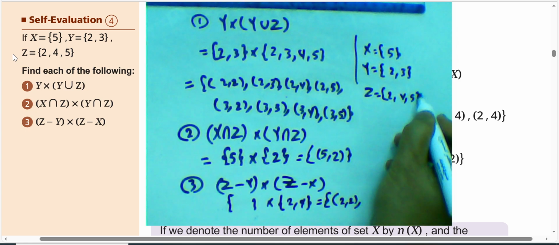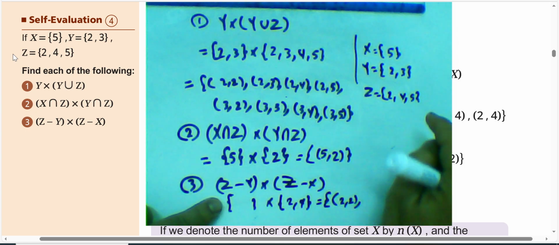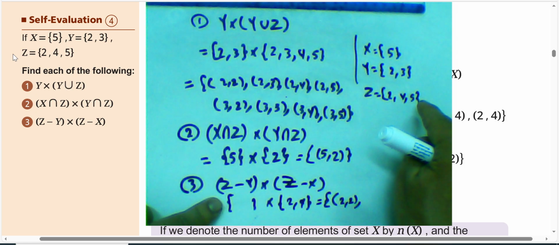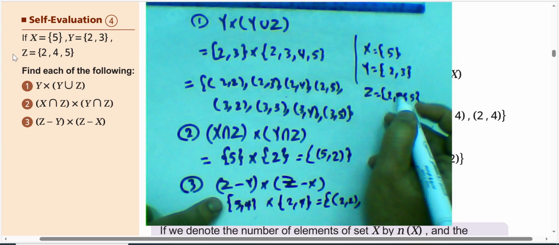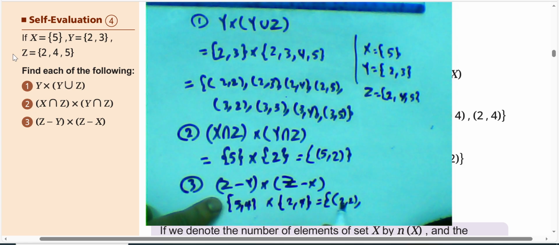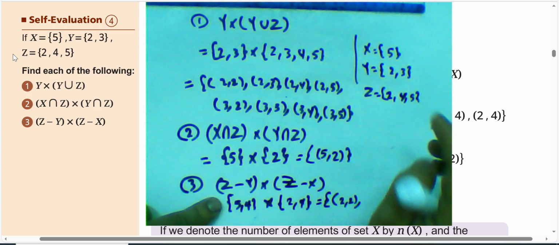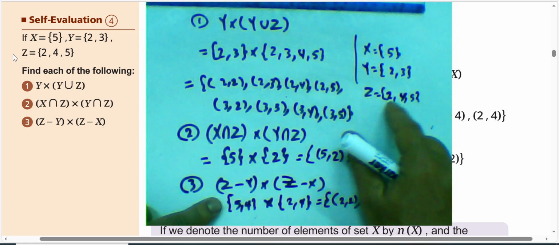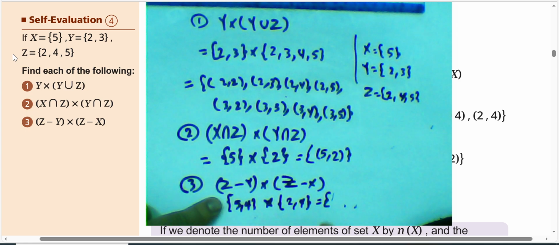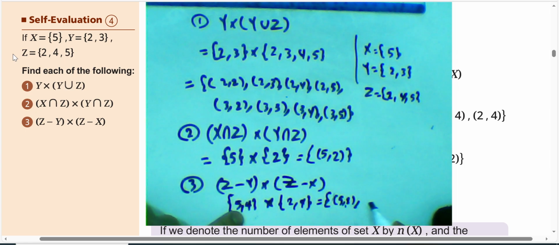He tells me Z difference Y. What are the elements in Z and not found in Y? We have 5 and 4, because 2 here is found in Y. And Z difference X: in Z and not found in X, we have 2 and 4. Then the Cartesian product: write 5 with 2, the first, and second 5 with 4, and the third 4 with 2, and then 4 with 4.